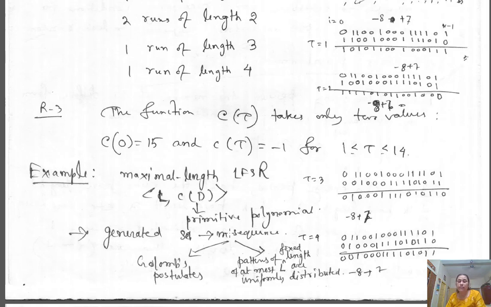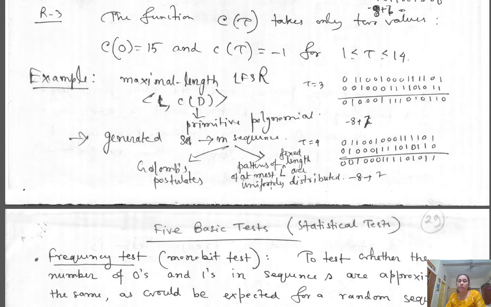And M sequences have many interesting properties. They satisfy Golomb's postulates, and patterns of fixed length of at most L are uniformly distributed.